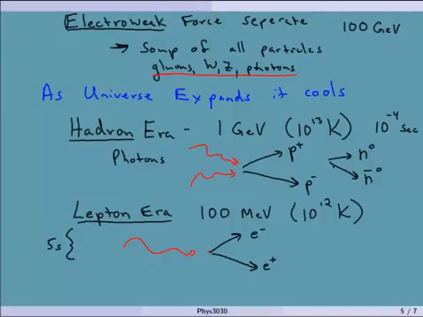This is a very important era because now these electrons and positrons are cool. Again, remember, we don't have positrons and electrons, we don't have protons and antiprotons and neutrons until this Hadron era. Until after the electroweak force separates out, we don't really get these things forming.